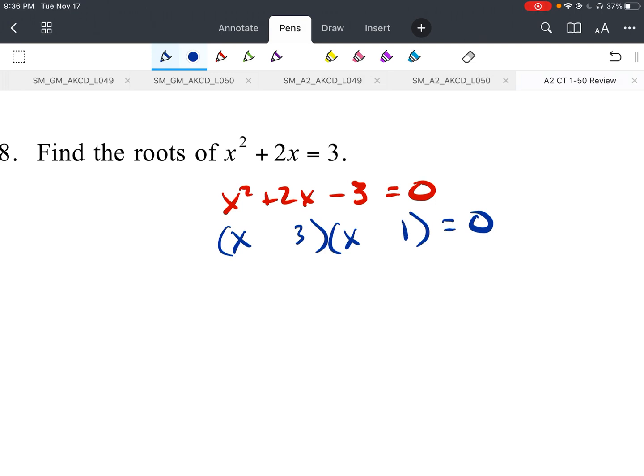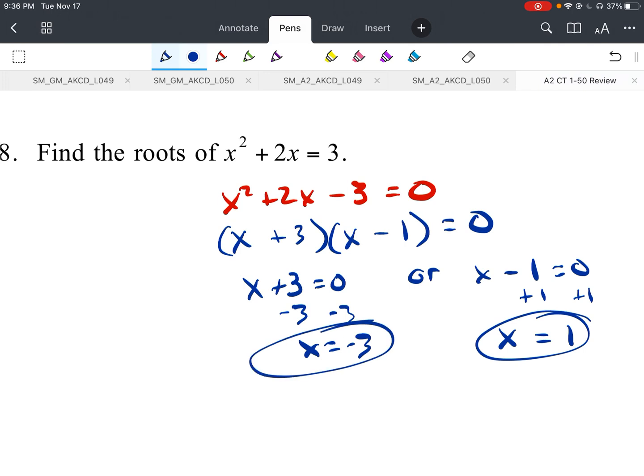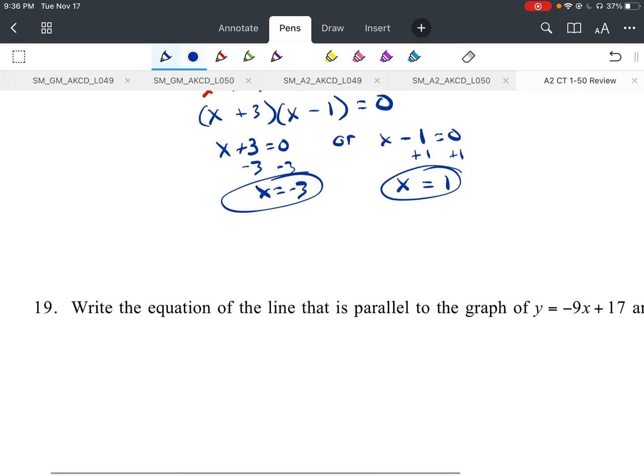This would be a positive 3 and -1. And so x plus 3 equals 0, or x minus 1 equals 0. Subtract 3, x equals -3, or add 1, and x equals 1. So there's your options. So fun.